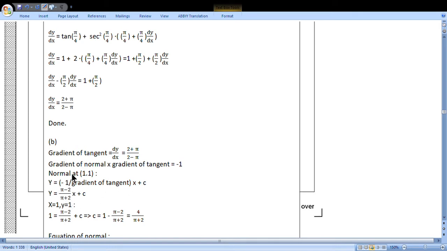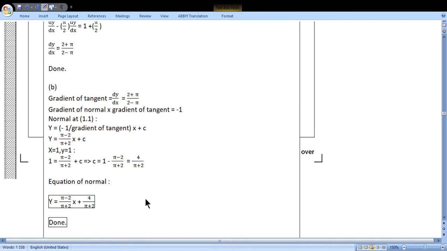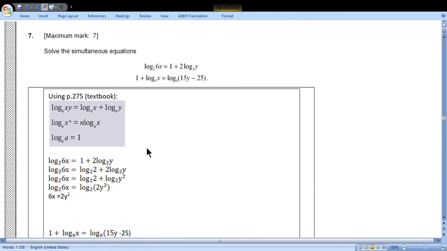So we substitute the values that we got. And from point (1, 1) we find c. So we put in 1, 1 and find c. c equals 4π plus 2. So the equation of the normal is this. So this question is done.